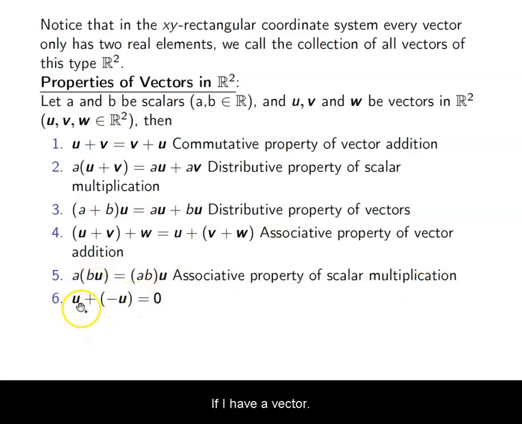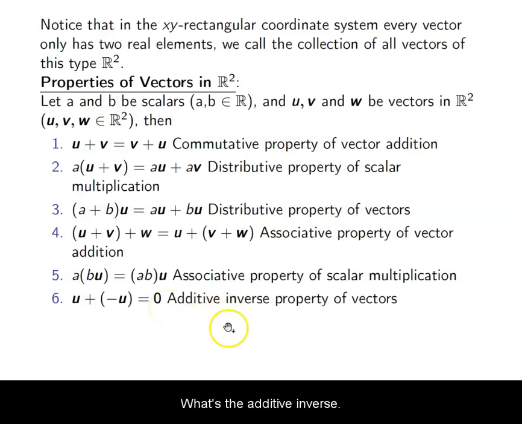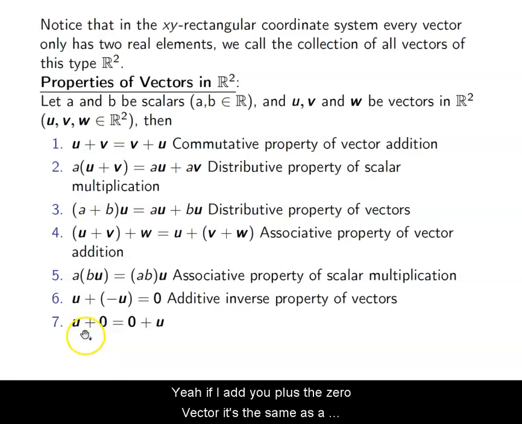Here if I have a vector u and I add it to what's called the additive inverse, which in general is just the negative of the vector, I will get out the 0 vector, right? So it's the additive inverse property. Here, if I add u plus the 0 vector, it's the same as the 0 vector plus u.